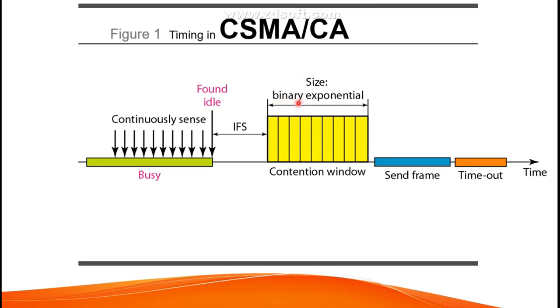The binary exponential backoff strategy. This means it is set to one slot the first time, and then it is going to double each time the station can't find an idle channel after this IFS time, which is almost similar to the p-persistent method.